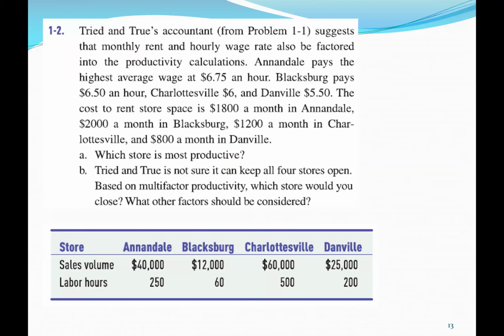Annandale pays the highest average wage at $6.75 an hour. Blacksburg pays $6.5 an hour. Charlottesville, $6, and Danville, $5.5. The cost to rent store space is $1,800 a month in Annandale, $2,000 a month in Blacksburg, $1,200 a month in Charlottesville, and $800 a month in Danville.